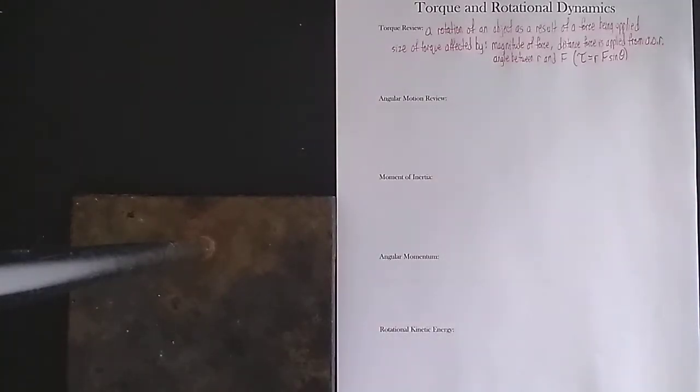Since it's a sine, the sine of 90 would be the biggest possible torque that you can have, which means that R and F should be perpendicular to one another. In other words, wherever the line is from the axis of rotation to the place where the force is being applied, in order to produce the biggest possible torque, you want to put your force perpendicular to that line.